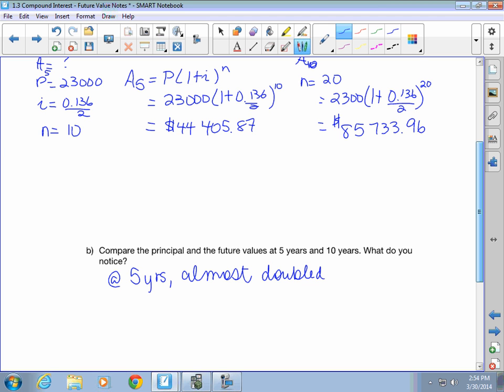At 10 years, we've gone from 23 to 84. So that's a little less than quadrupled. It's about 3.5, 3 3/4 the amount that you initially started. So it's almost quadrupled.